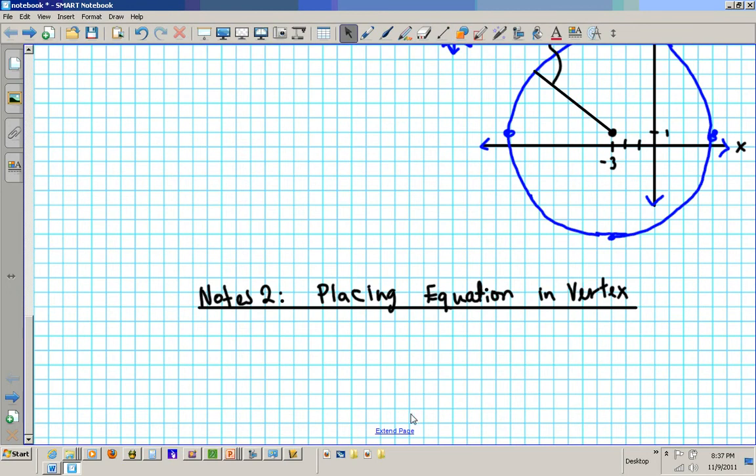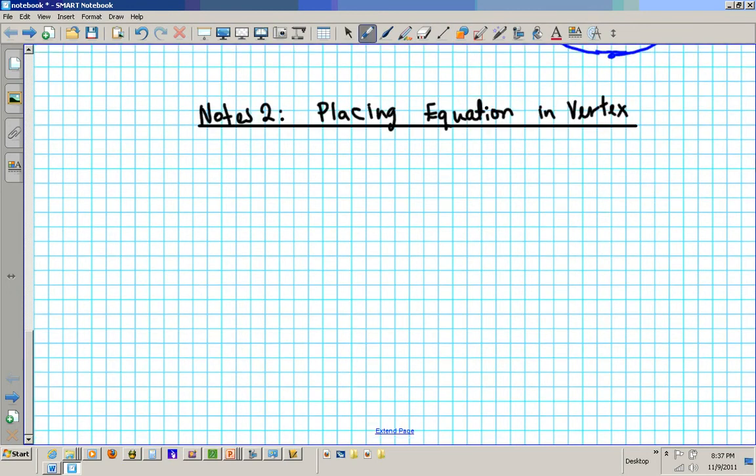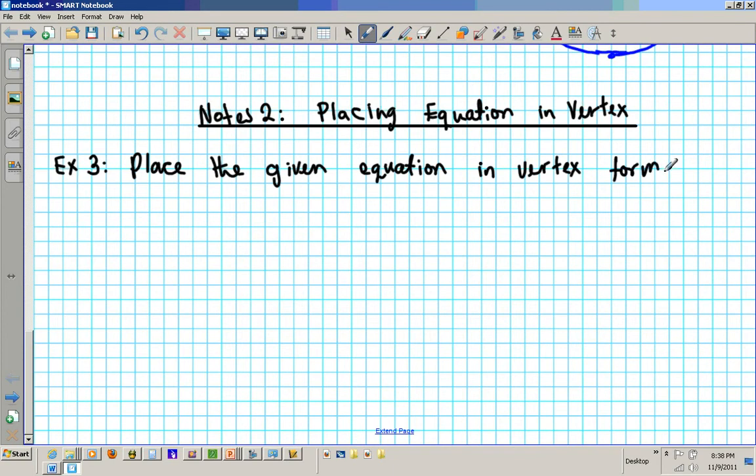So what we're going to do first is consider the following example. Example 3. Place the given equation in vertex form. Write this down. Find the center and radius.